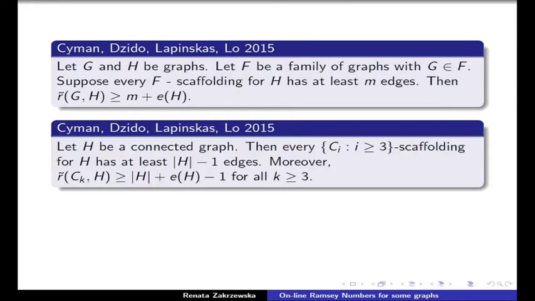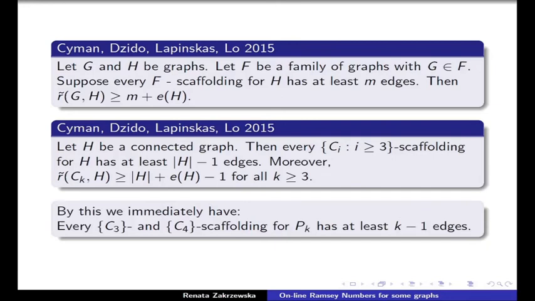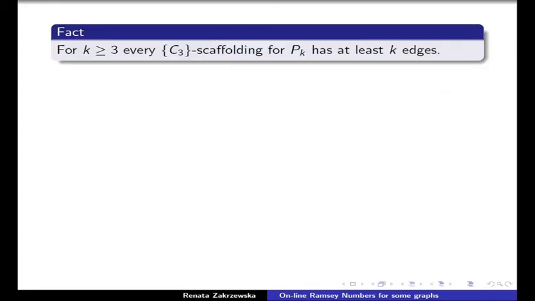In 2015, Cyman, Dzido, Lapińska and Lo proved this inequality. And by this we immediately have that every C3 and C4 scaffolding for Pk has at least k minus 1 edges. For k at least 3, every C3 scaffolding for Pk has at least k edges.